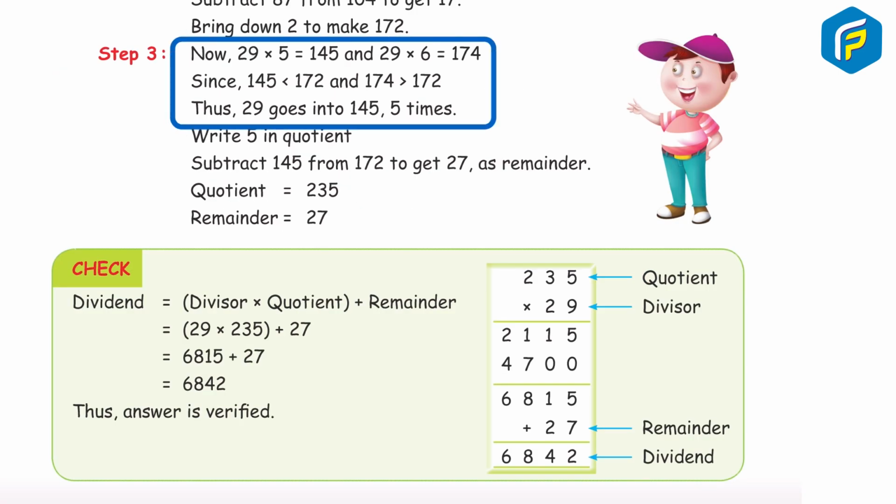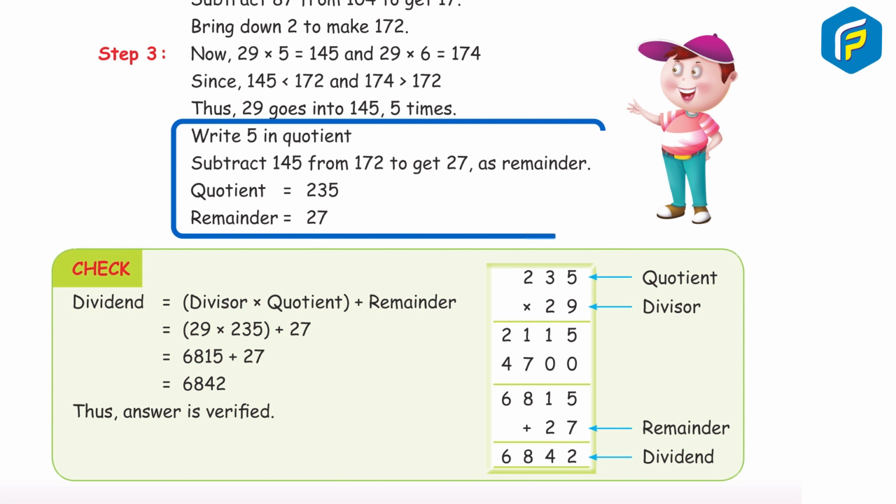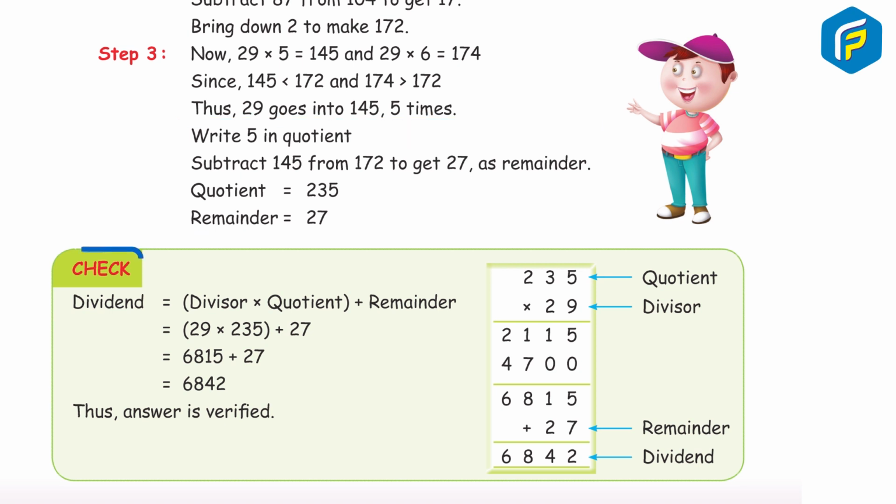Now 29 times 5 is equal to 145 and 29 times 6 is equal to 174. Since 145 is less than 172 and 174 is greater than 172, thus 29 goes into 172 5 times. Write 5 in the quotient. Subtract 145 from 172 to get 27 as the remainder. Quotient 235, remainder 27. Check.